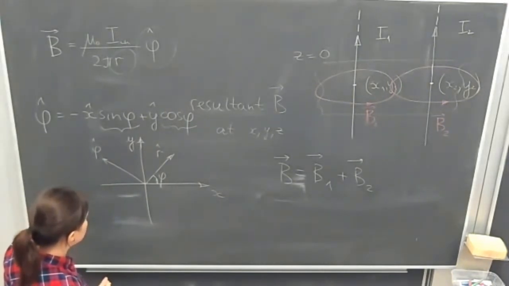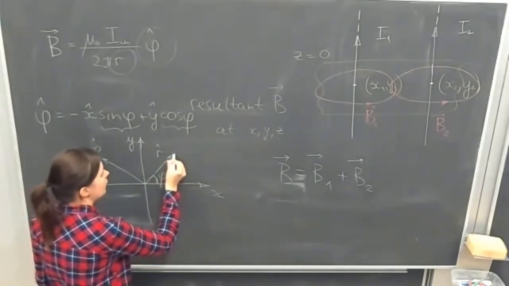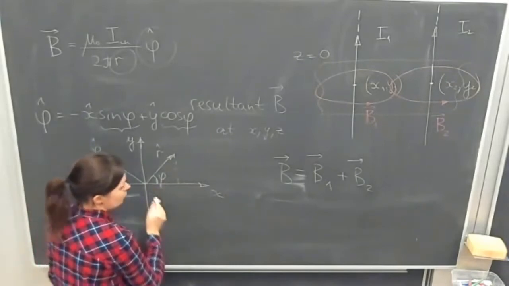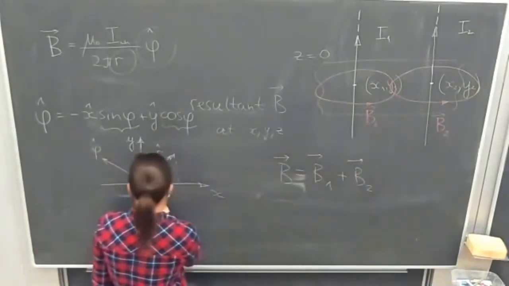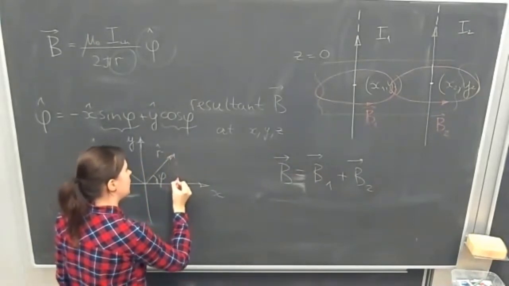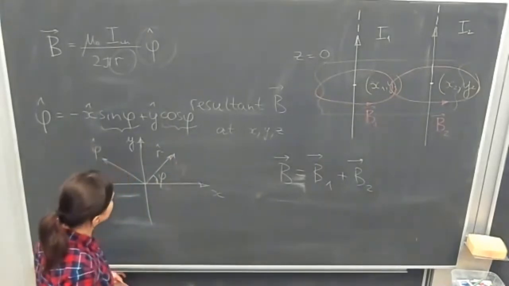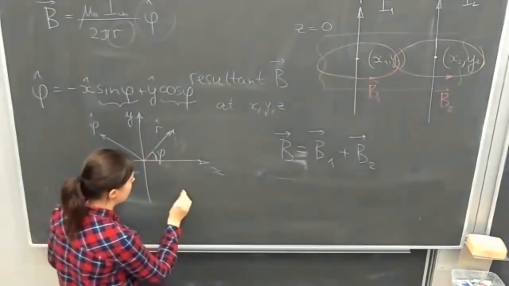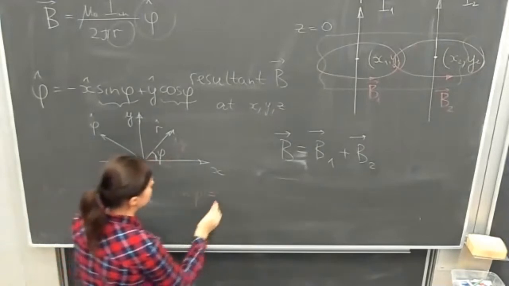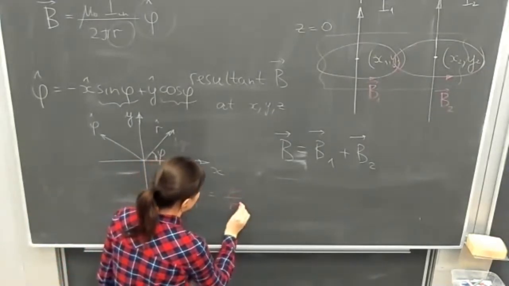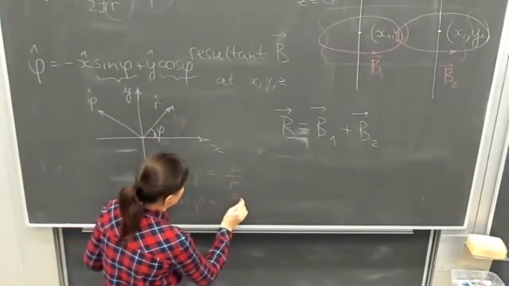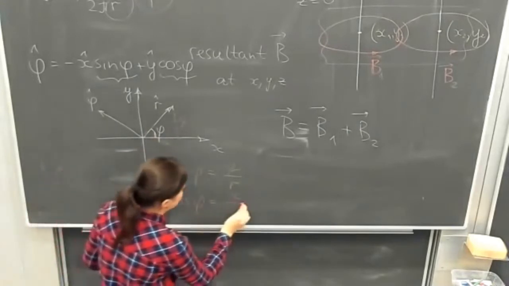Then the sine and cosine can be expressed by means of projections on the axes. This part would be the x projection, and this part the y projection. Let's write for the sine: sine phi is y divided by r, the magnitude of this vector r, and the cosine, the same, just x divided by r.